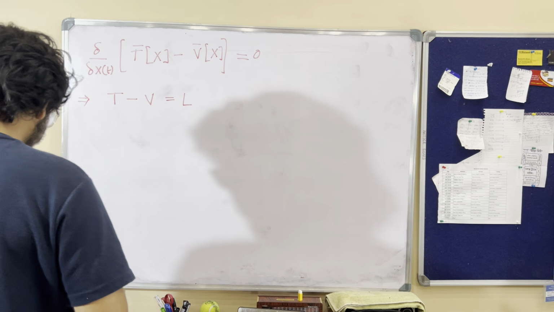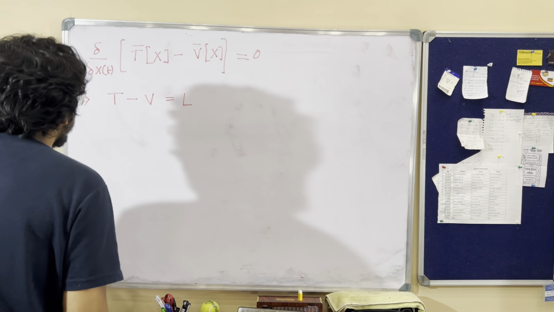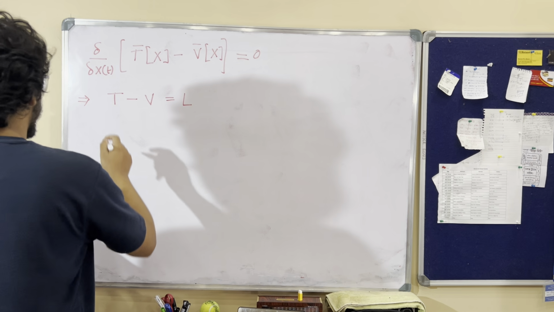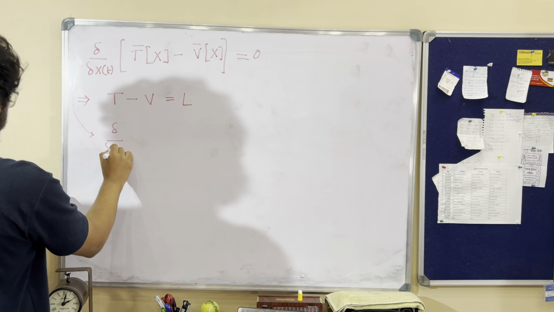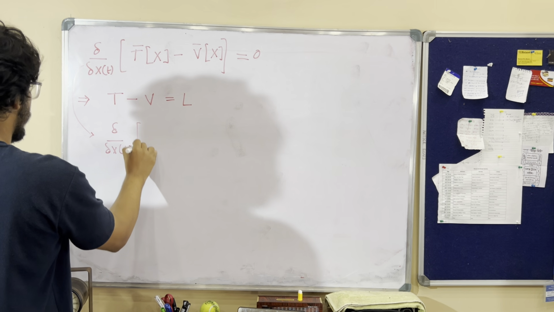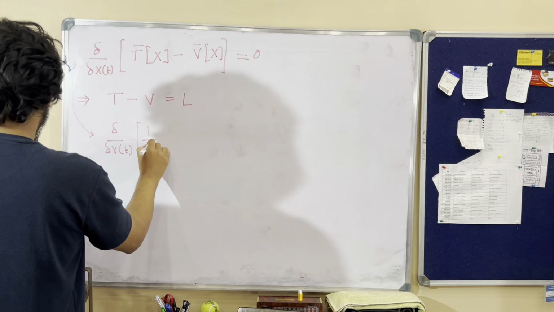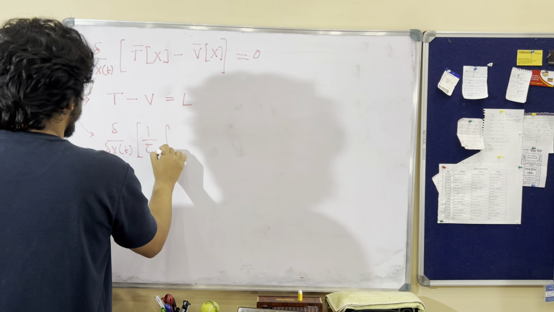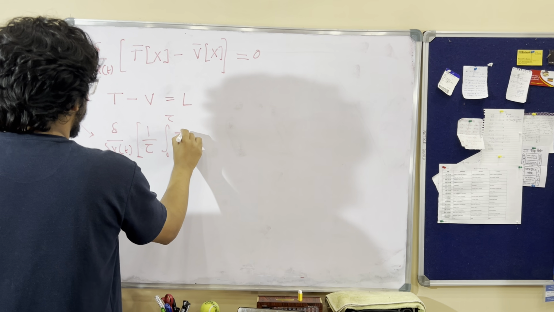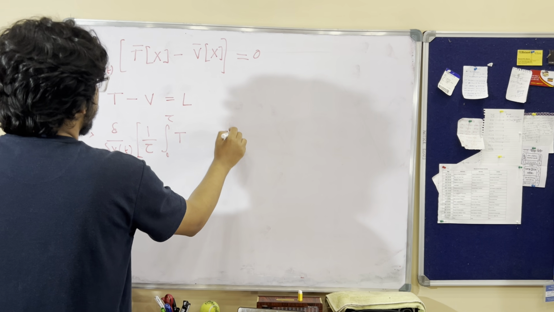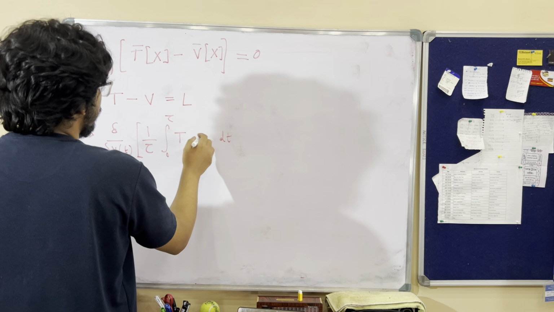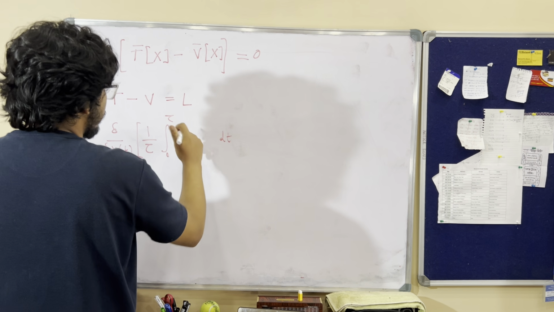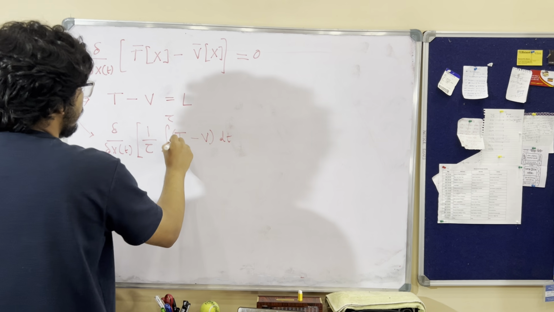Okay. So now we will write this thing again. This thing is 1 over tau, integral 0 to tau T dt, and this will be 1 over tau, integral 0 to tau V dt. So I can just take it inside this integral. This will look like this.